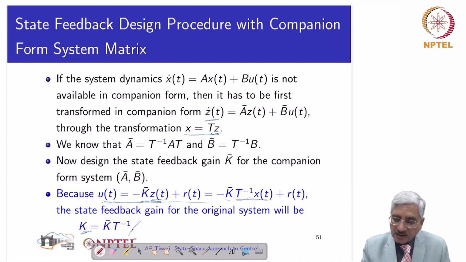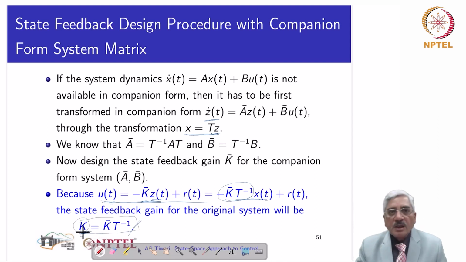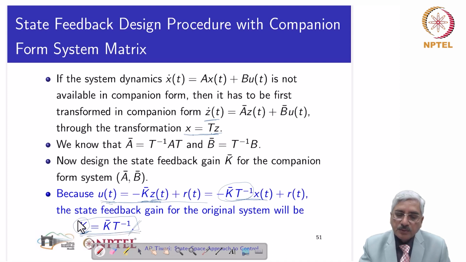So K bar times T inverse is K, which is shown here. So if we have a system dynamics not available in companion form, it can be transformed into companion form. The control gain can be designed for the companion form system easily, as we saw, and then through this the control gain for the original system can be obtained.